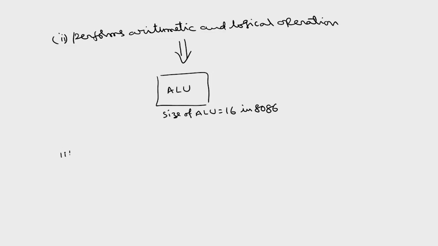The third one is testing for conditions. If you want to check which of two numbers is larger, in such applications we have to test some conditions. To test conditions, the microprocessor requires a register called the flag register.